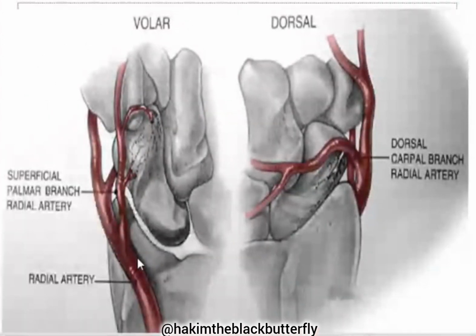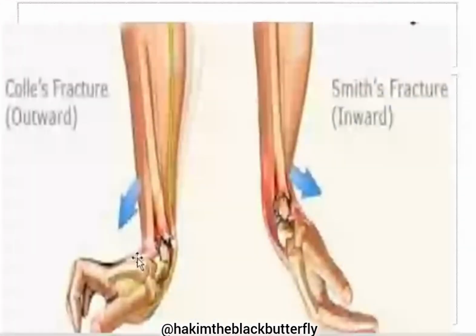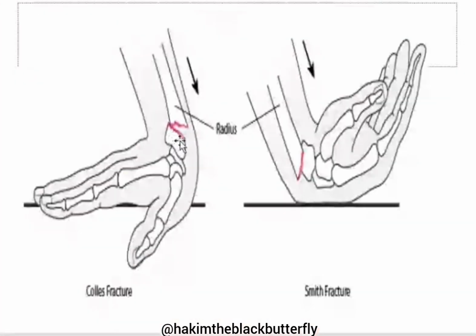When you fall on an outstretched arm, like in Colles' fracture, the pressure which comes through the radius can also fracture the scaphoid bone. This format of falling can also lead to fractures of the scaphoid bone.